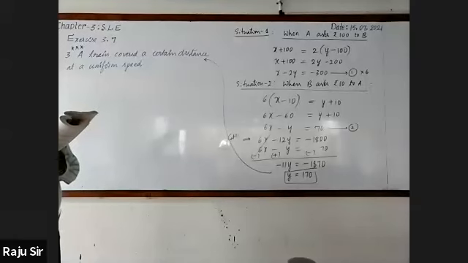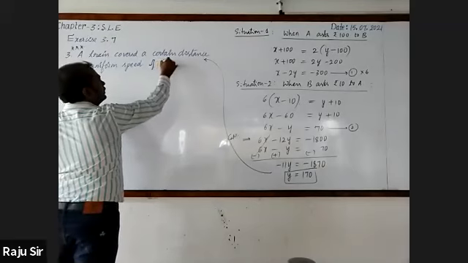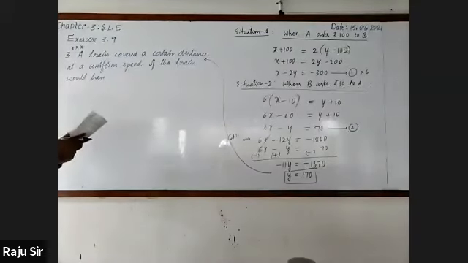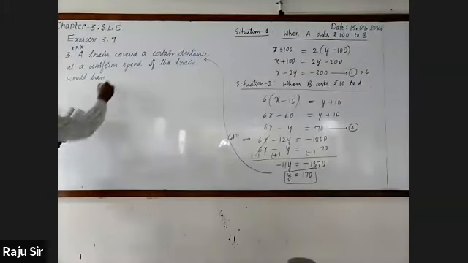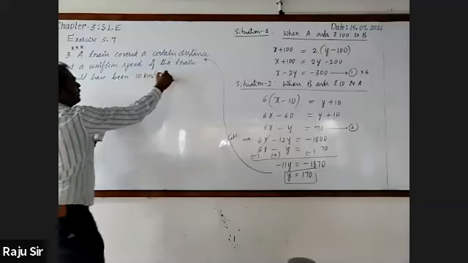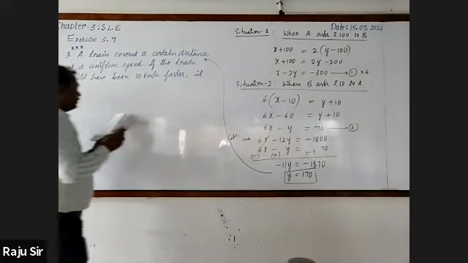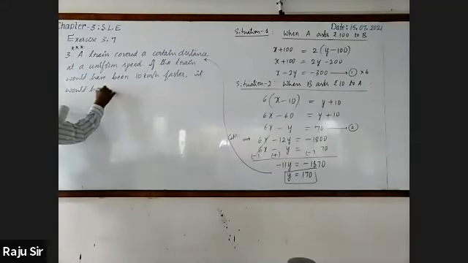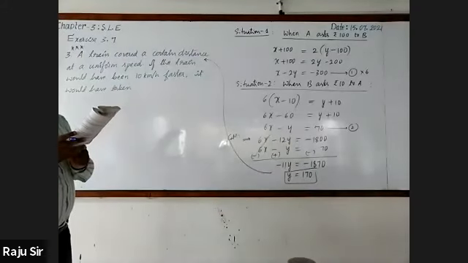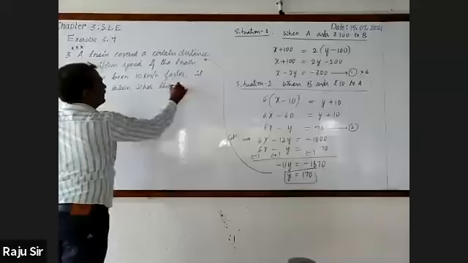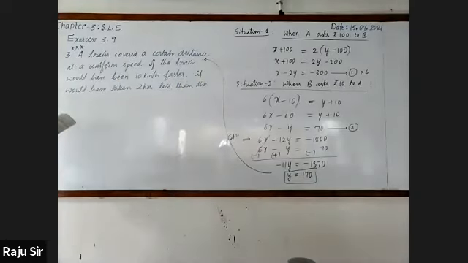If the train would have been 10 kilometers per hour faster, it would have taken 2 hours less than the scheduled time. Full stop.